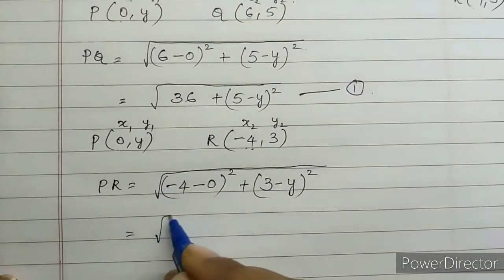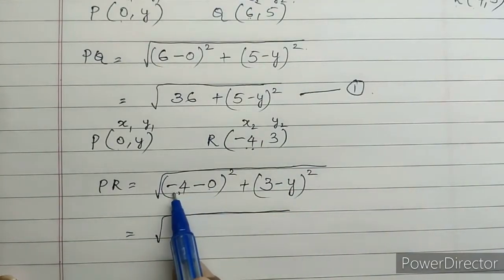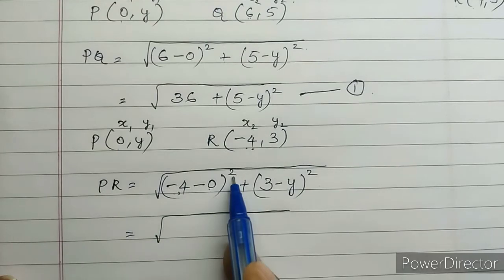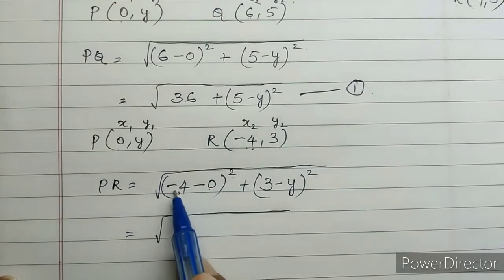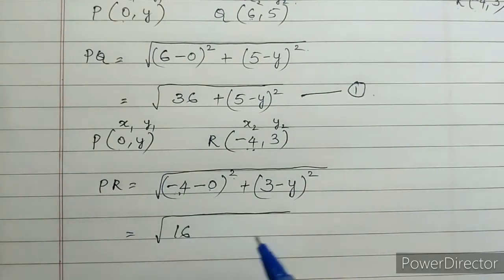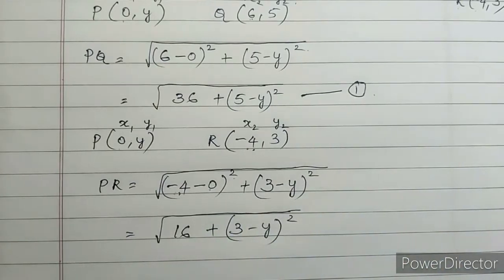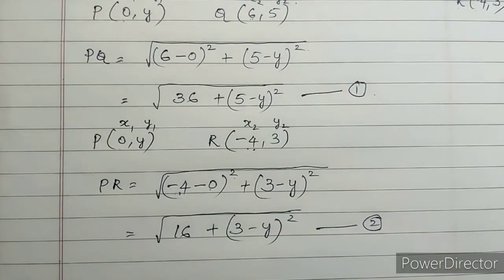Next step, square root of minus 4 minus 0, it is minus 4 only, minus 4 whole square. Negative twice, when it comes, it will change to positive. So that is positive 4 square, or 16 you can write, plus (3 minus y) the whole square. This is the second equation. So two equations you got, the PQ value and the PR value.